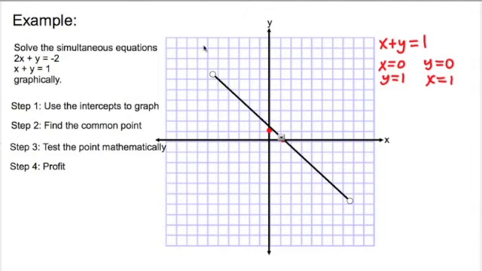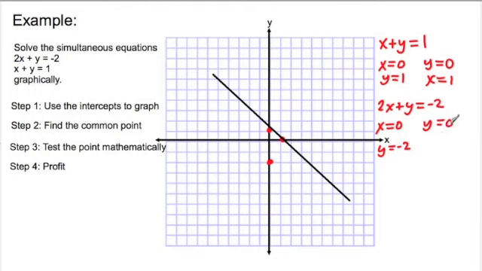Okay. So now my next equation is 2x plus y equals negative 2. If x equals 0, again using the x and y intercepts, then y equals negative 2. So my first point is at 0 comma negative 2, which is about right there.